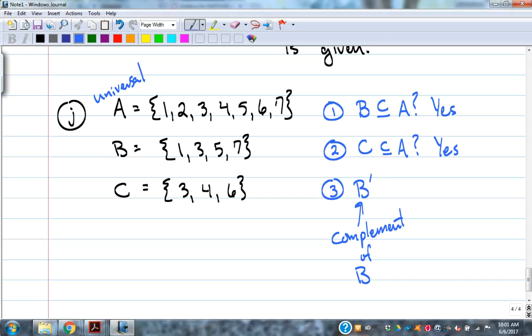So the complement of B means everything that's in the universal set that's not in B. So looks like set B is the odd numbers, 1, 3, 5, 7. So the complement of B would be the even numbers, 2, 4, 6.